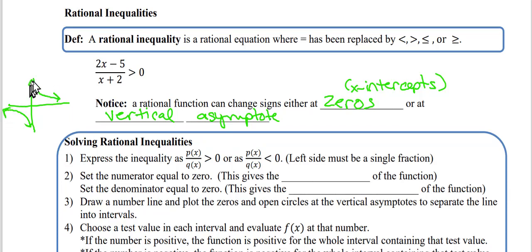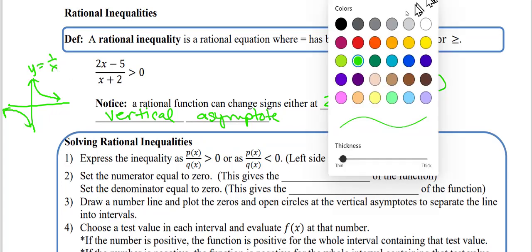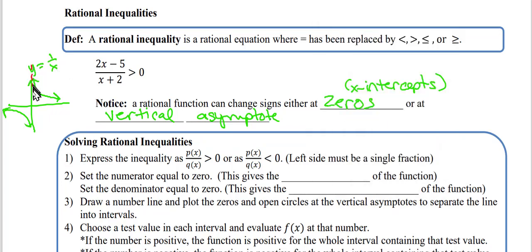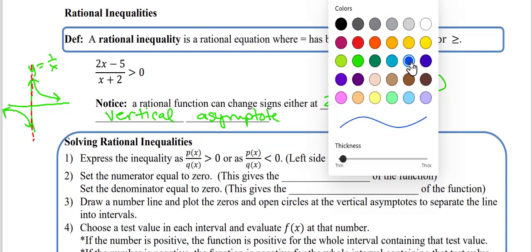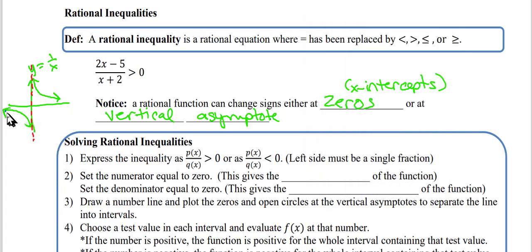This is just the basic rational function y equals 1 over x, where we have a vertical asymptote here. Notice at that vertical asymptote, the function changes from negative. Over here, the function is negative, and over here, the function is positive.